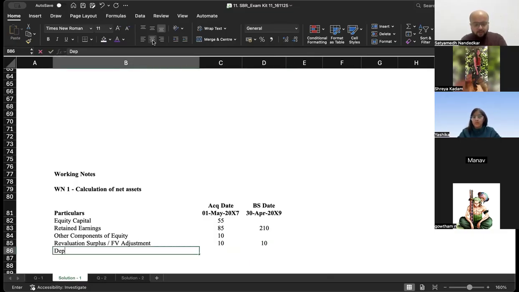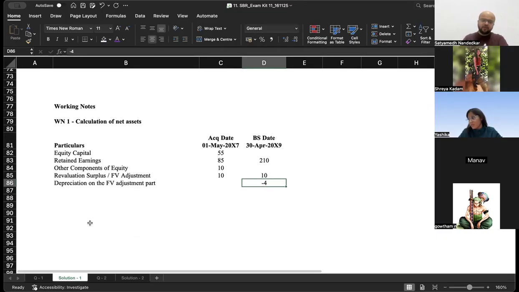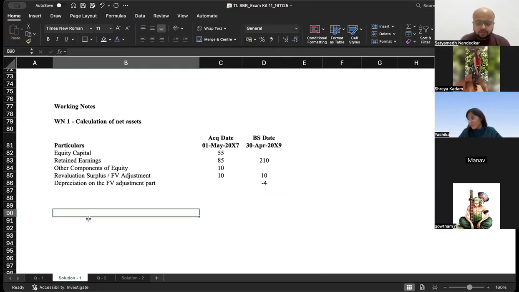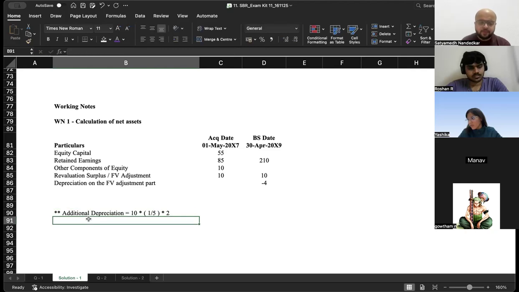So can I write down here depreciation on the fair value adjustment part? 4 million. Yes, minus 4. How did minus 4 come? 10 divided by 5 into 2. Additional depreciation is 10 into 1 by 5, because 5 years into 2, which is 4.